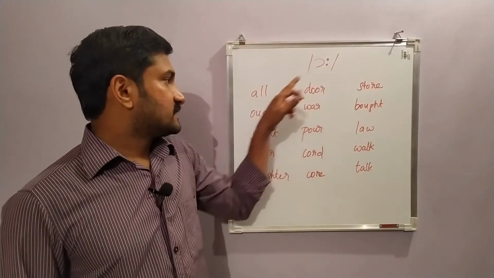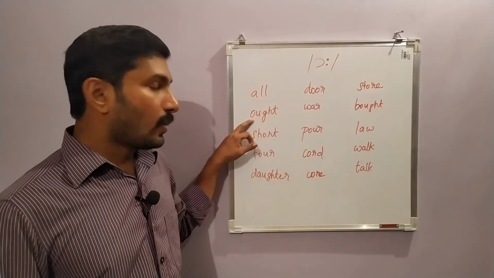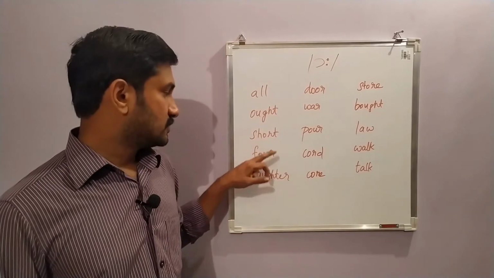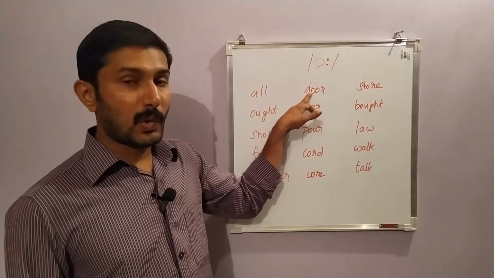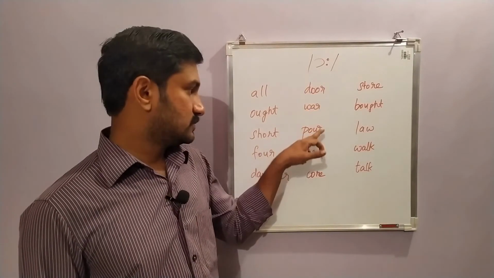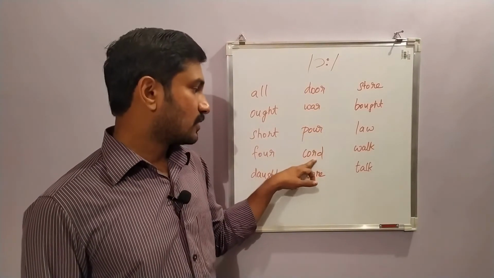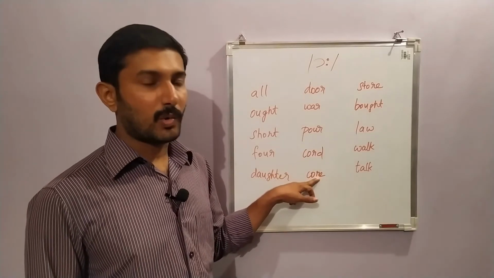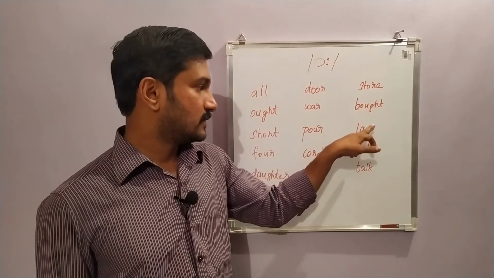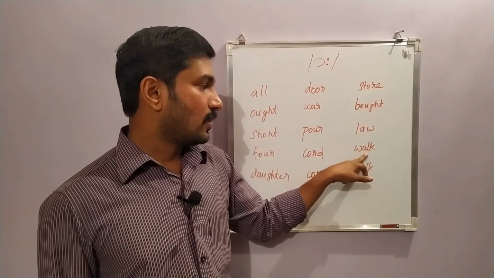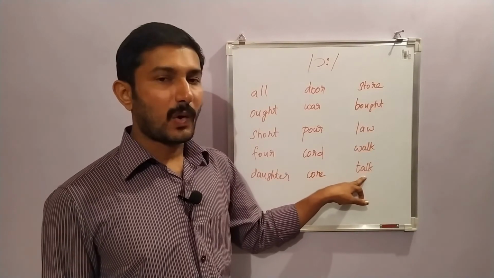O sound as in old, out, short, foe, daughter, door, wall, pole, cord, coal, stove, boat, law, walk, talk.